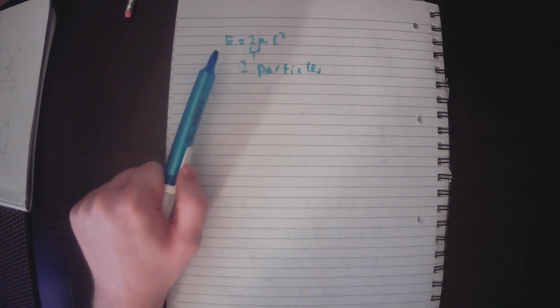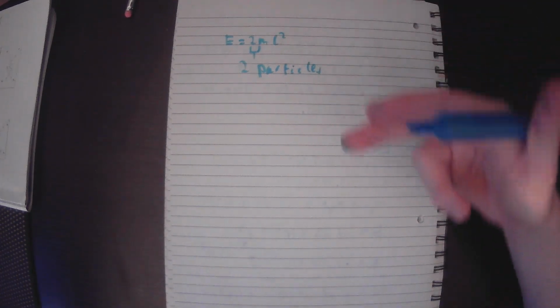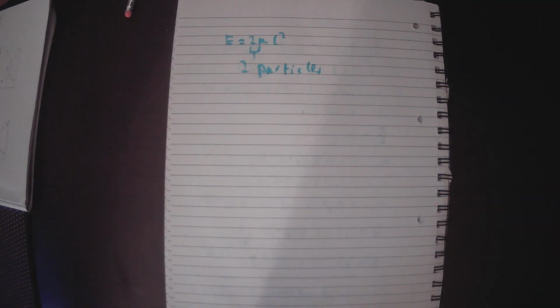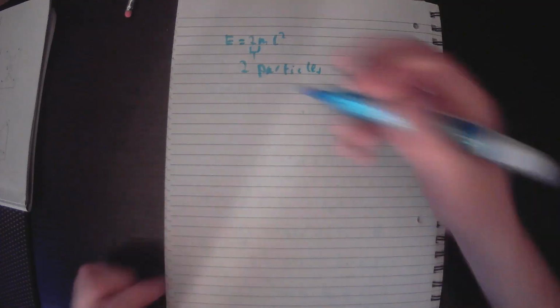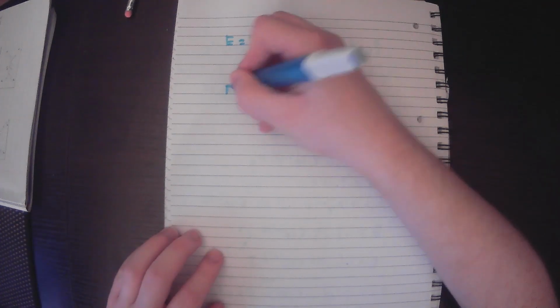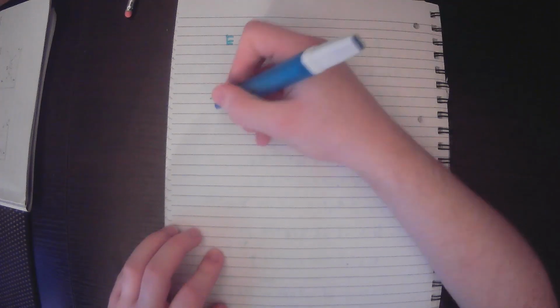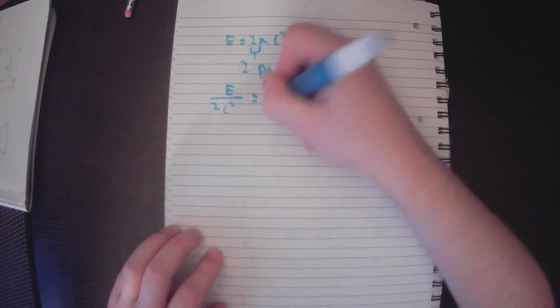So the energy required in the photon for pair production is equal to double the mass of any given particle multiplied by the speed of light squared. The mass of each particle produced is equal to E over 2c squared equals m.